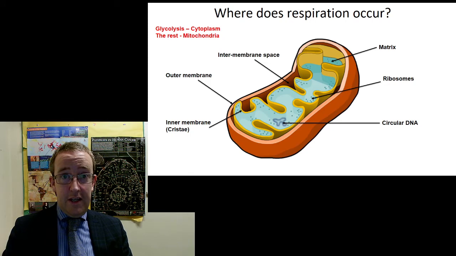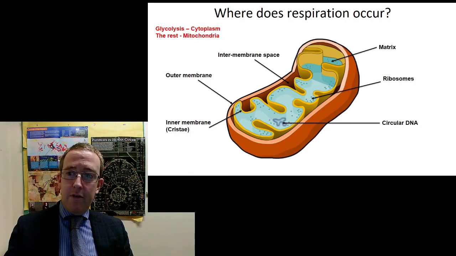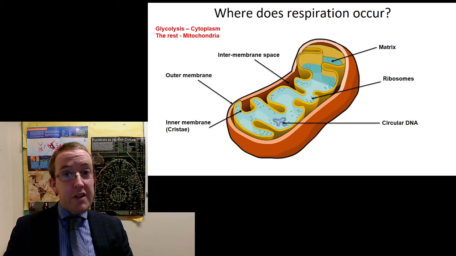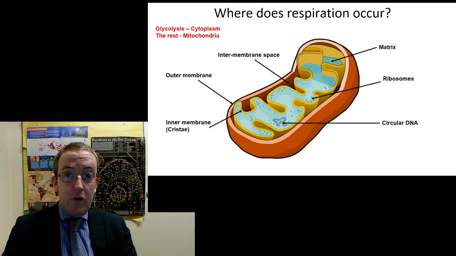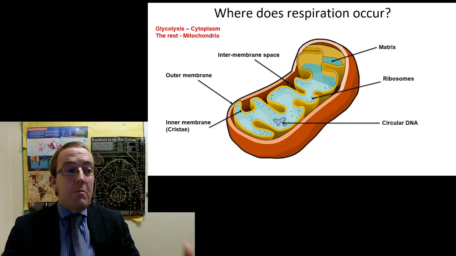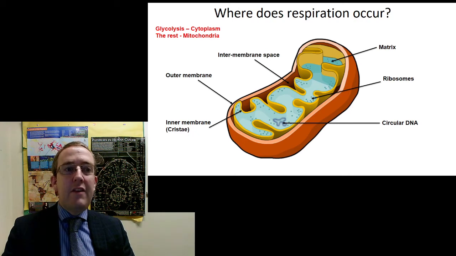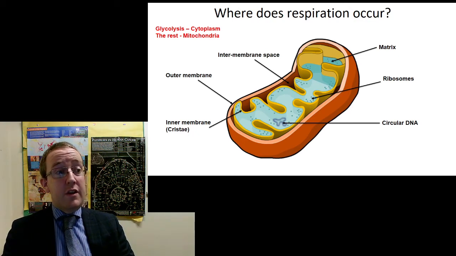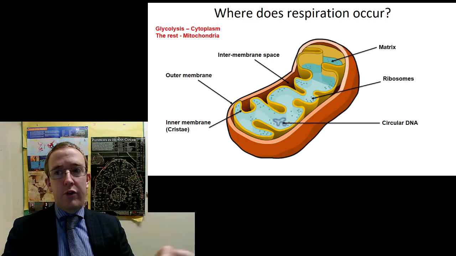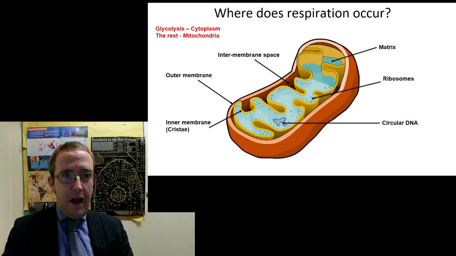Okay? The matrix there, as we said, is the goo in the middle, which contains ribosomes and its own circular DNA, because this did used to be a free-living organism back in evolutionary history. Mitochondria and prehistoric ancient relatives of the eukaryotic cells entered this symbiosis that's been the seed for evolution of all eukaryotes ever since.